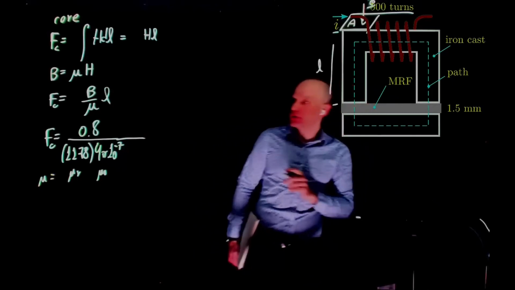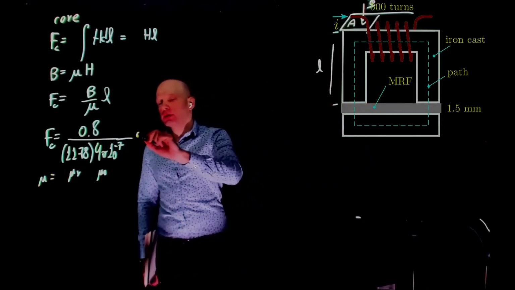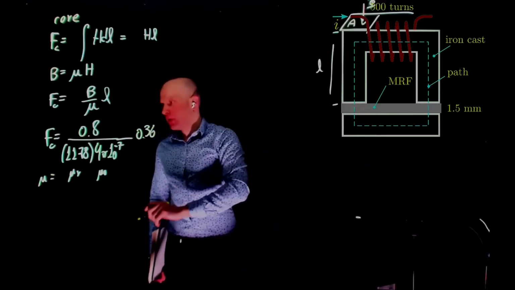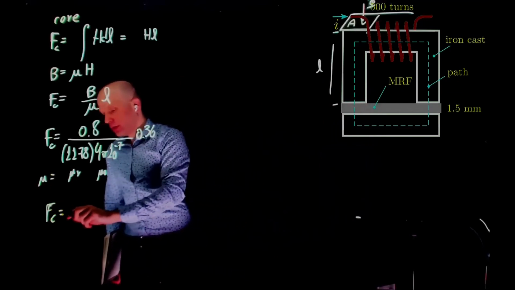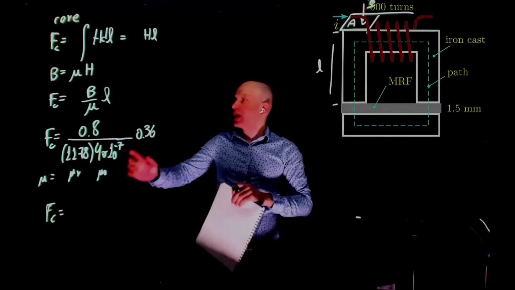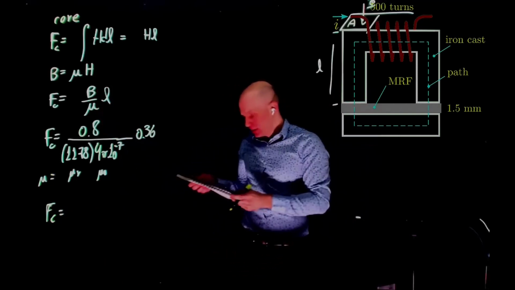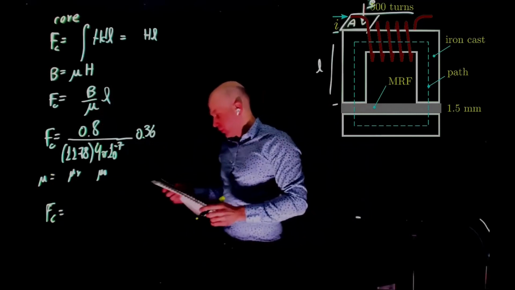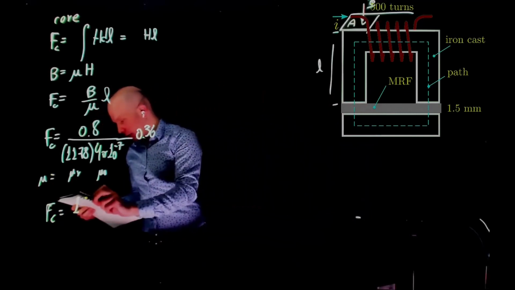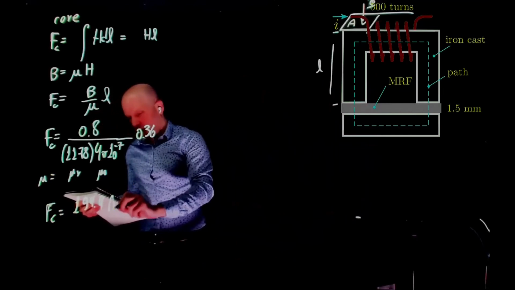Is it? Yeah, 0.36. And this gives the required magnetomotive force to establish 0.8 Tesla in the core. And that is, if I'm correct, 194.4 amp turns.